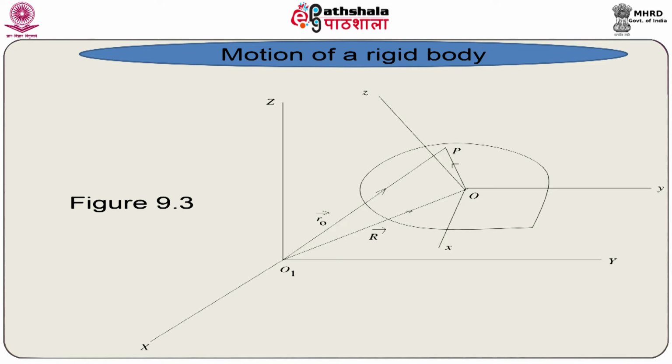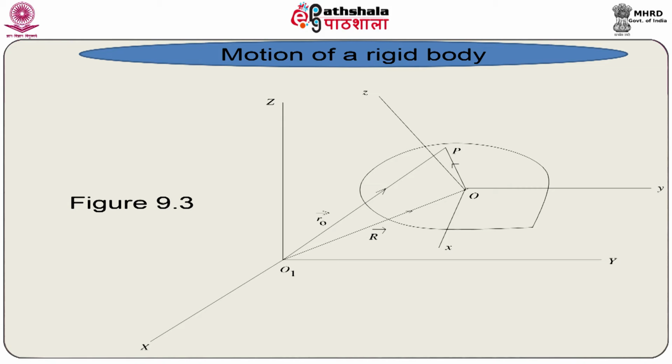The position of the rigid body at time t will be determined if the 3 components of capital R vector and the 3 Euler angles theta, phi, psi are known. Thus, a rigid body is a mechanical system with 6 degrees of freedom. We take the position of the origin O at the center of mass of the body.